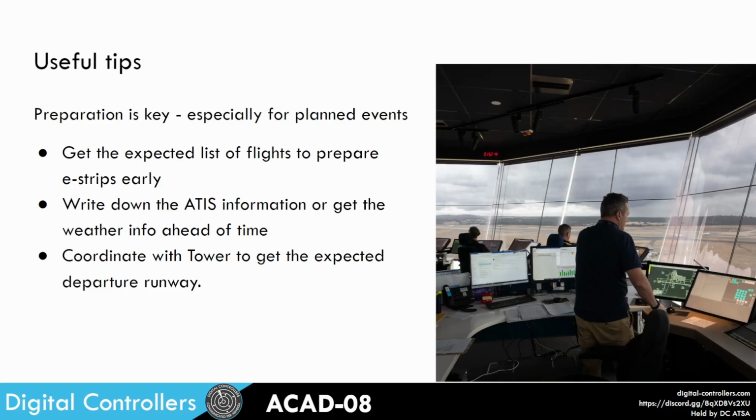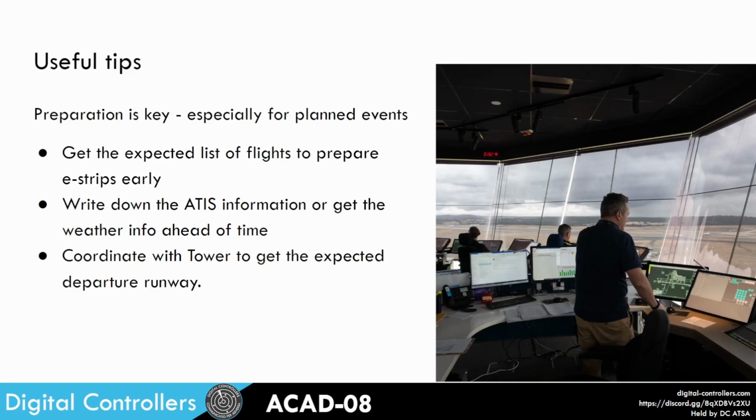Some useful tips for larger events. Preparation is key. So we want to get the expected list of flights and any flight plans ahead of time, and ideally use this to create our electronic strips.